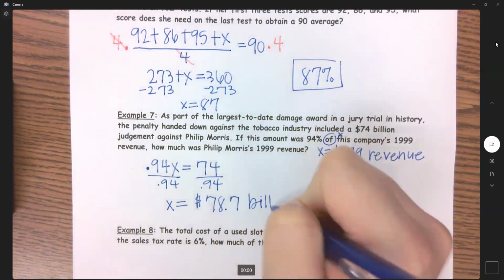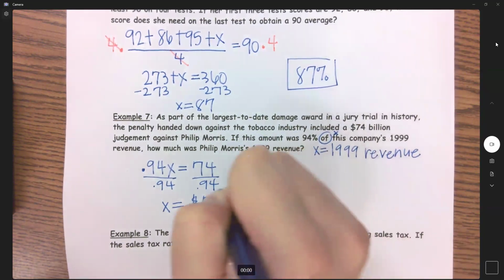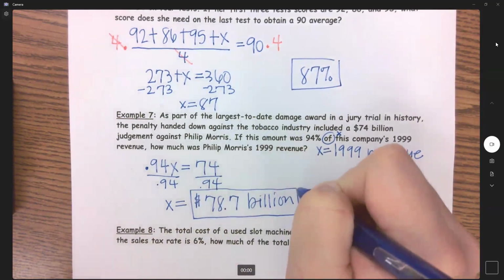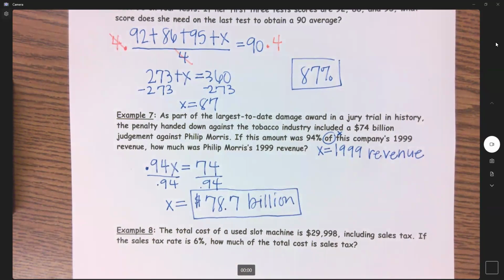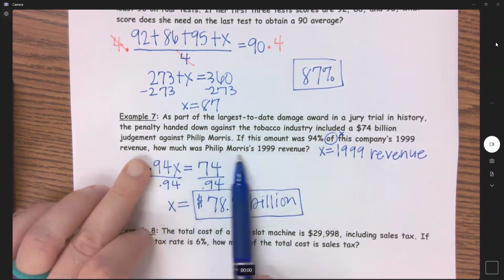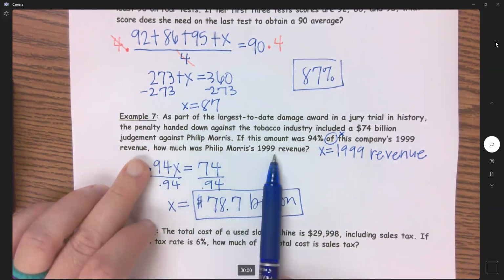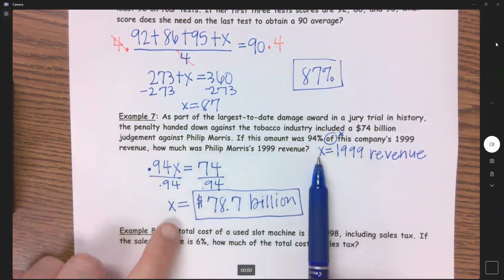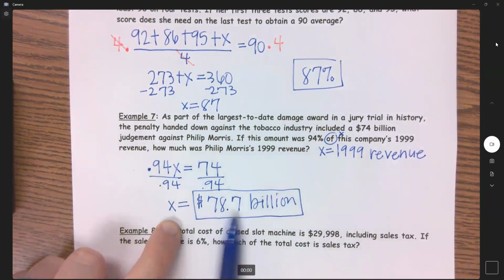And this is in billions. So we find out how much they made in their revenue here. If x equals my revenue and I just found x, that is my answer.